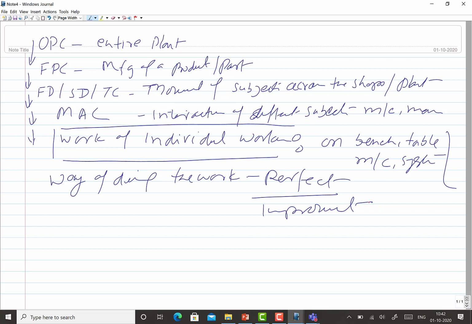This is a little complicated as compared to what we have studied so far, because we'll be talking about the way by which a human being or worker is working on the bench or on the table during the work itself. So if this is perfect or not, or if it needs improvement, how can we comment on that?